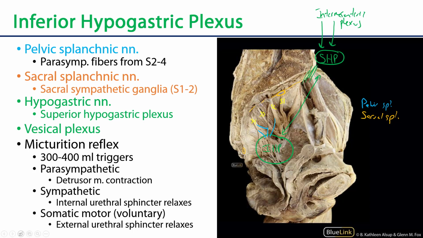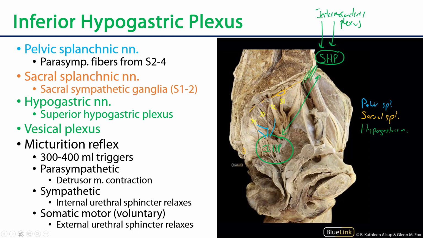And then from the superior hypogastric plexus, we have the hypogastric nerve. And we'll have a hypogastric nerve on each side. So this is the autonomics of the pelvis in a nutshell, and we'll revisit this when we discuss reproduction.